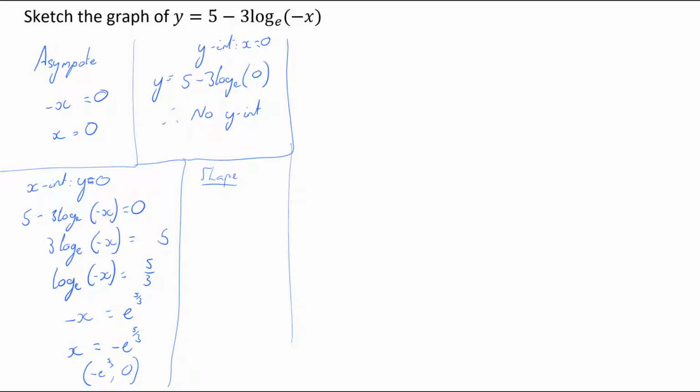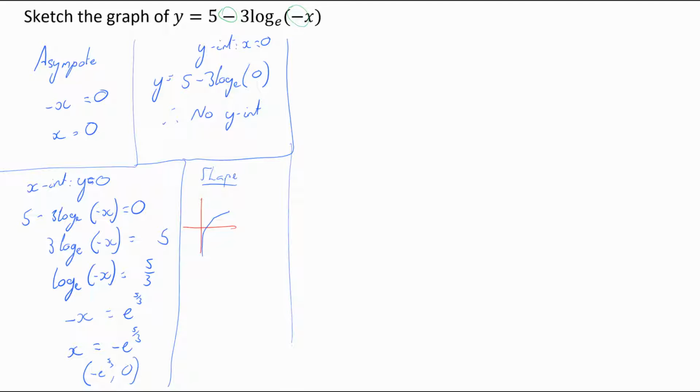Finally, just the general shape. Most logarithms have a shape where you start with a vertical asymptote on 0, and then you go up. But this is special. This has got not one but two reflections. Now, a reflection in front of the entire log expression is the same as reflecting in the x-axis, or from top to bottom.